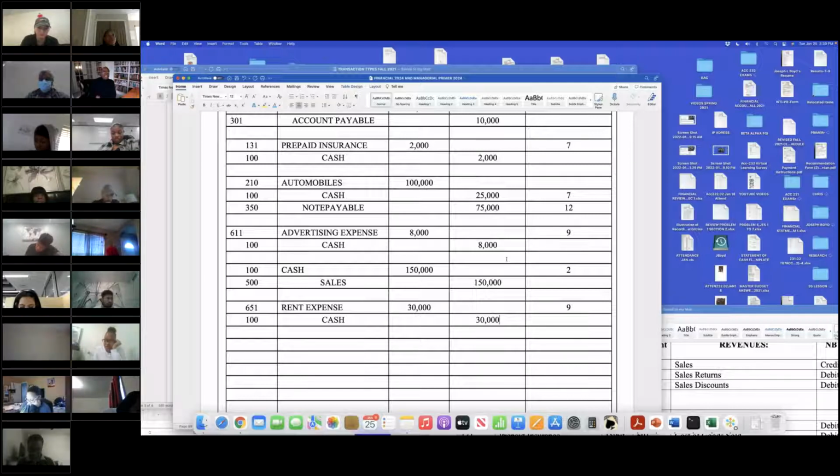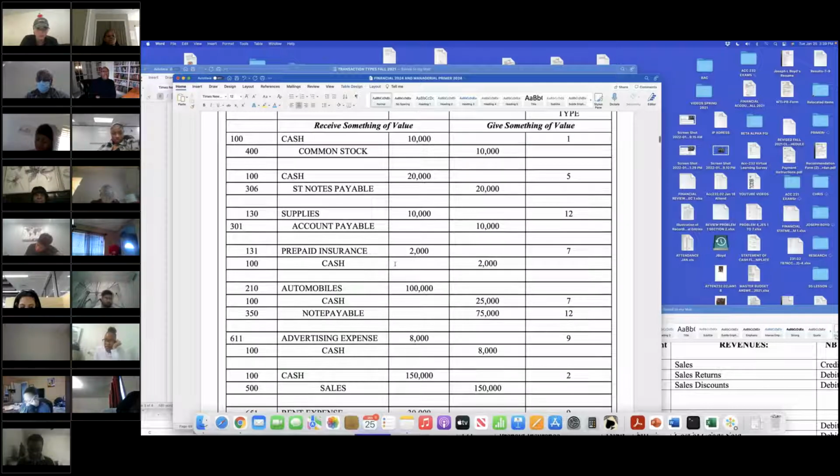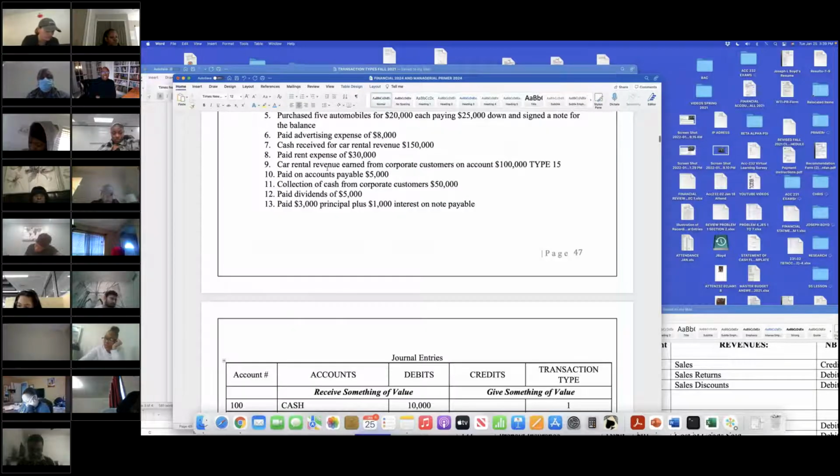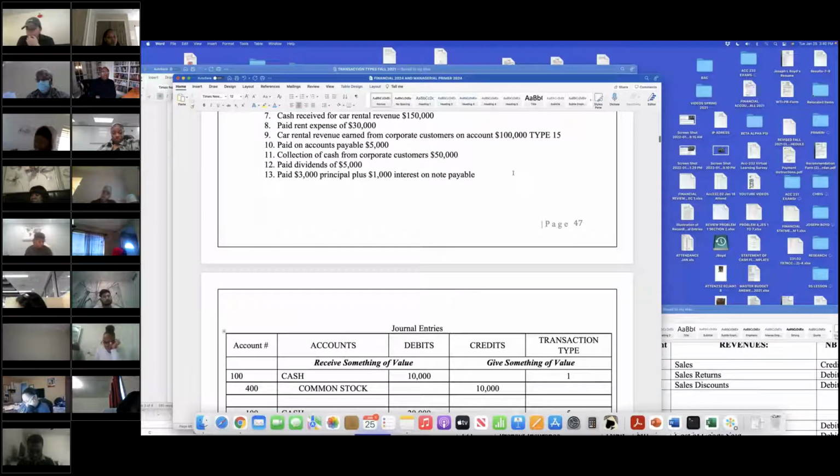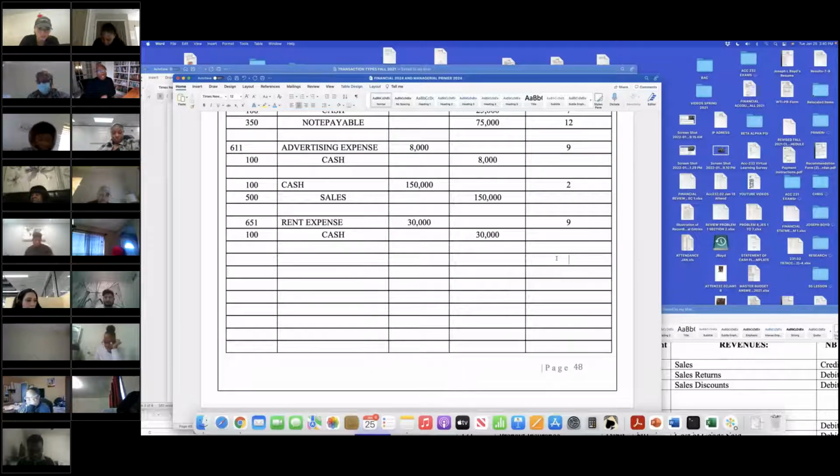Okay, let's go to the next one. Car loan revenue earned from corporate customers on account. That is, they didn't pay us, and it was $100,000. What is my type? 15, that's going to be a 15. What are we going to debit? Accounts receivable, which is 110.